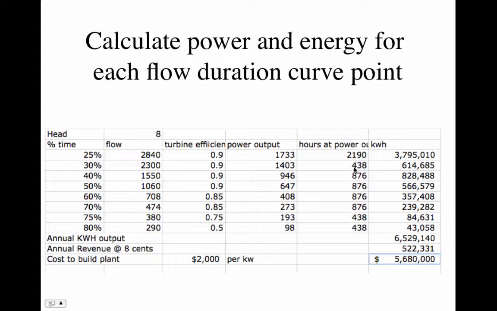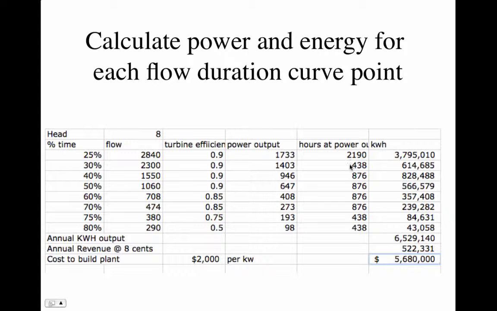And then now let's look at 30% of the time, it's 2,300, excuse me, cubic feet per second. And then when I run the numbers on that, it's 1,400 kilowatts. And how many hours is it going to run at 1,400? Well, it's going to run at the difference between 30% and 25%, or 5% of the time, at 1,400 kilowatts.